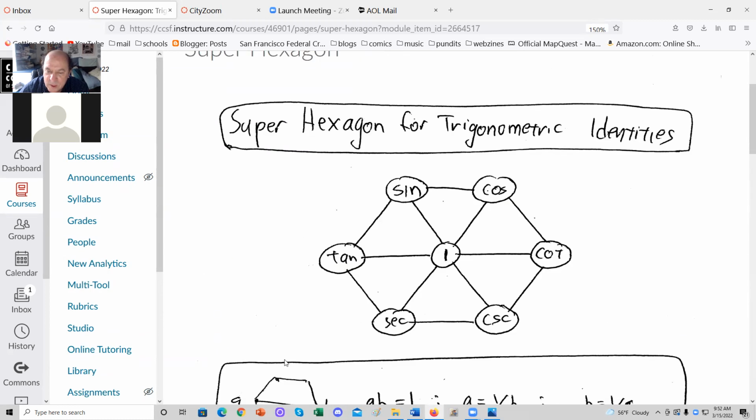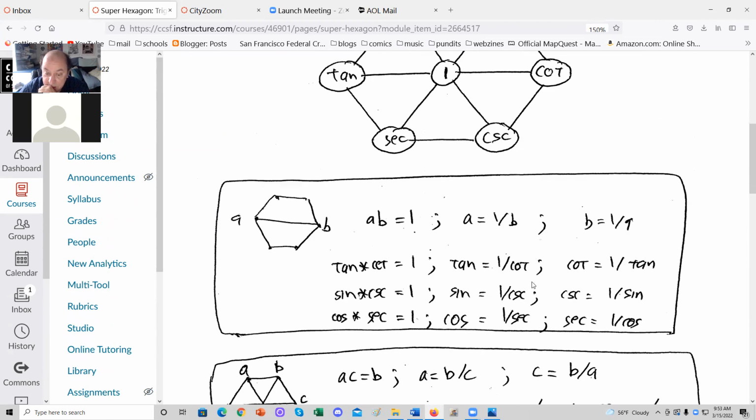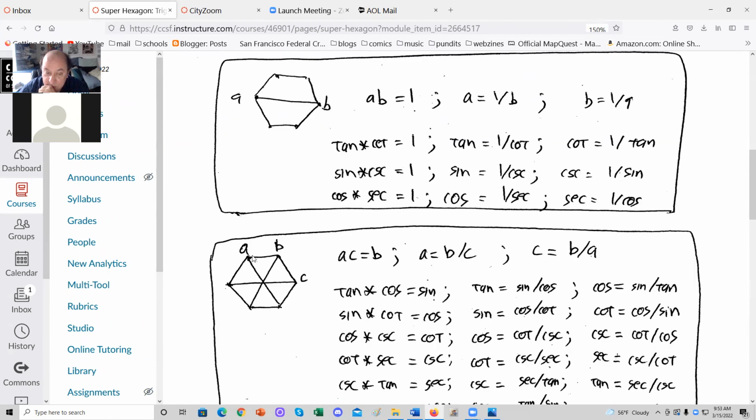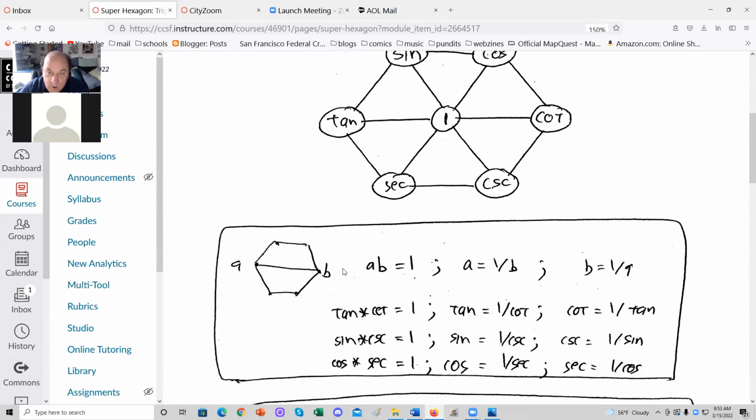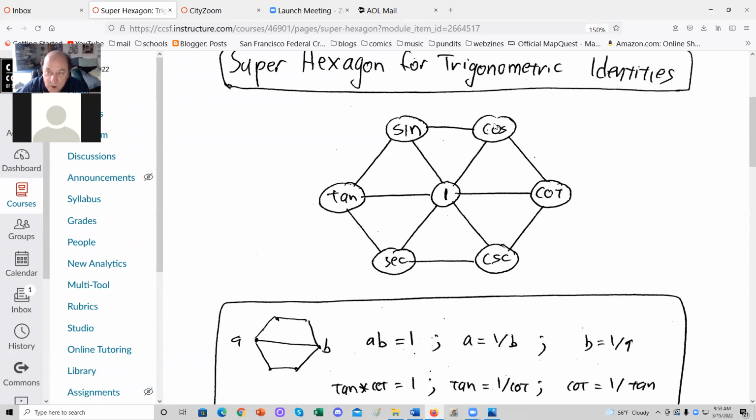So this neatly captures the reciprocal relations. Also, if you have 3 in a row, A, B, C, then the outer ones multiply to the inner one: A times C equals B. So A is B over C and C is B over A. You can read it as a fraction. So for example, tangent equals sine over cosine.